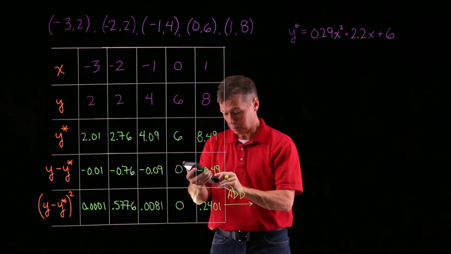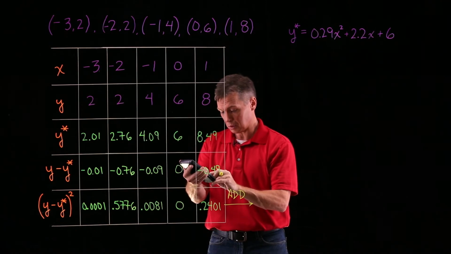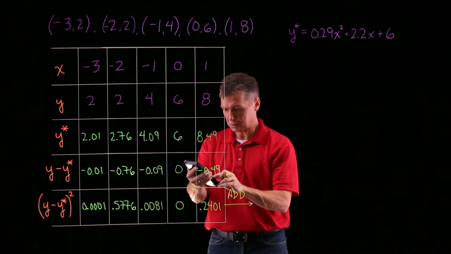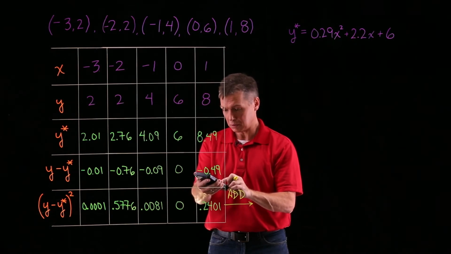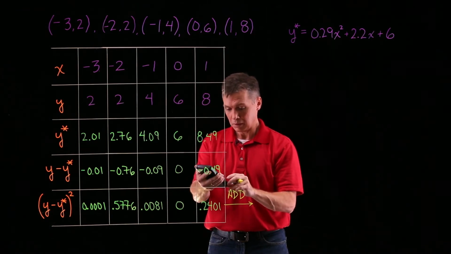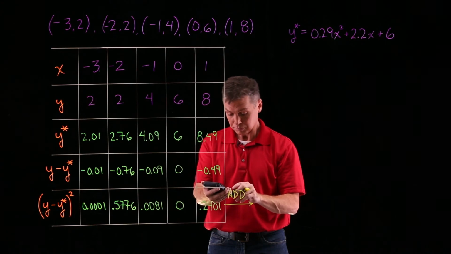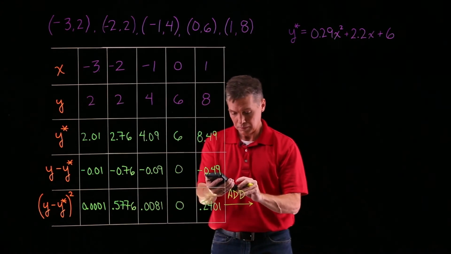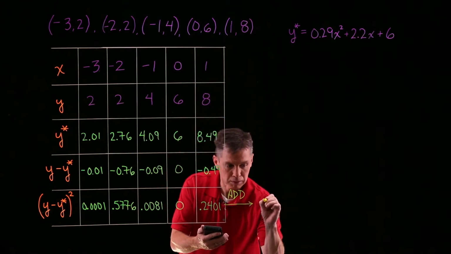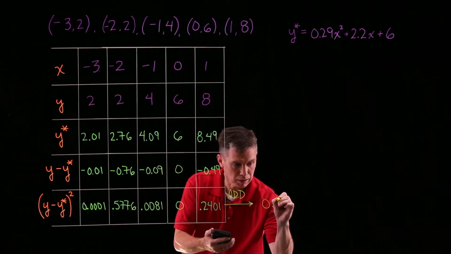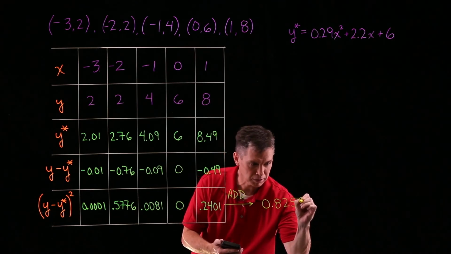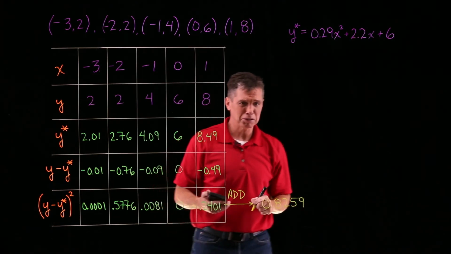I'm looking at 0.0001 plus 0.5776 plus 0.0081 plus 0 plus 0.2401. And I am getting 0.8259.